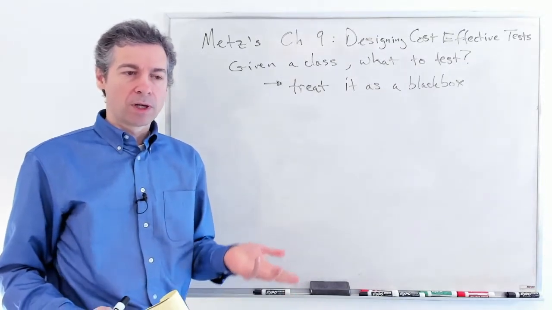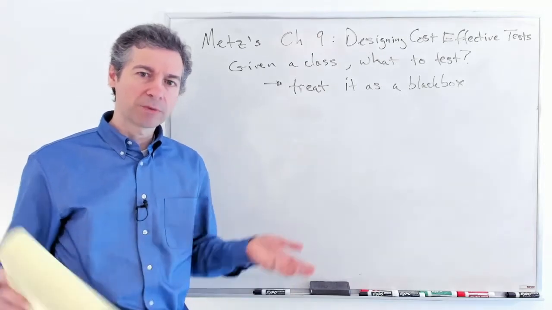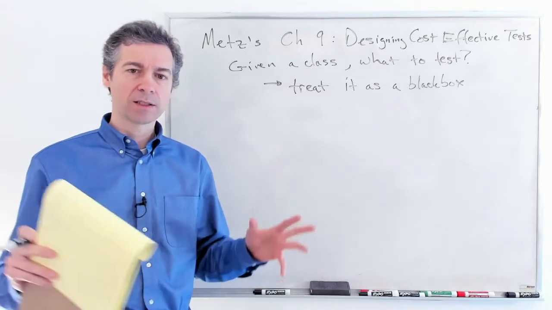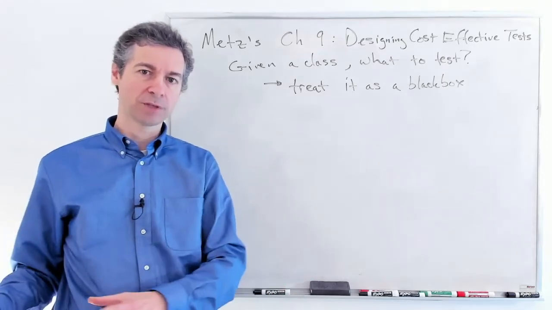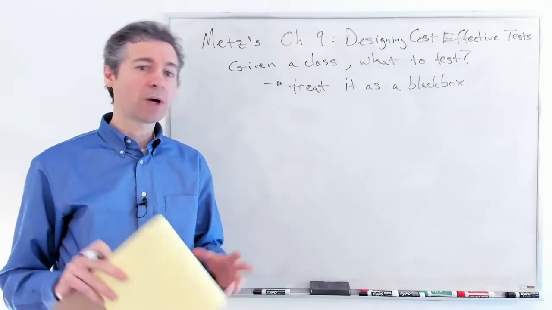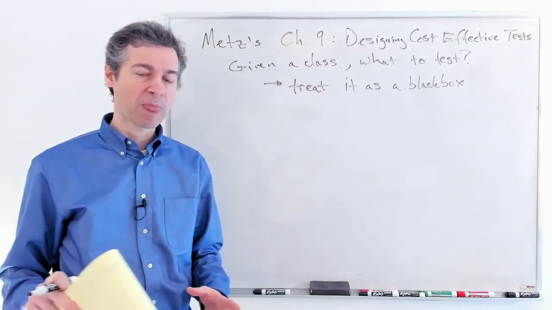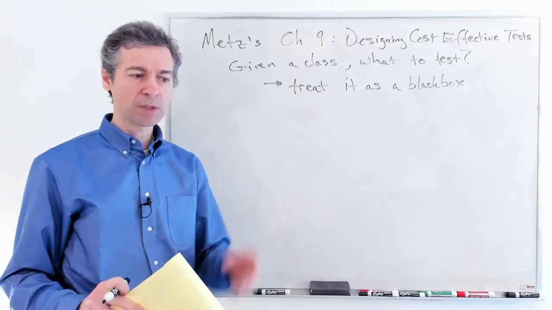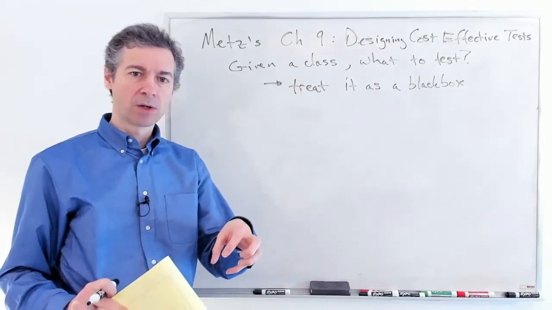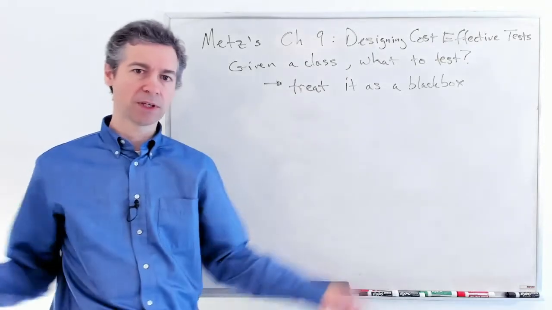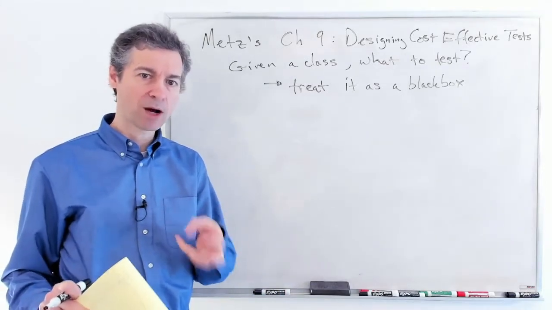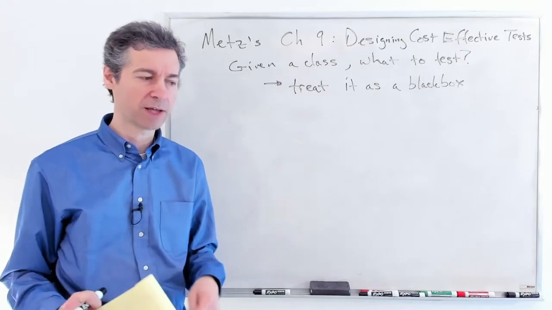This is a general principle that we have throughout all of our software, that we like to hide the implementation, and we do not want to be dependent upon it when we write our software. So we've got a class, and if we depend upon the implementation, we can't change it without changing everything else in the system, because the rest of the system has become dependent upon how we implemented the internals of the class, and that's really bad.